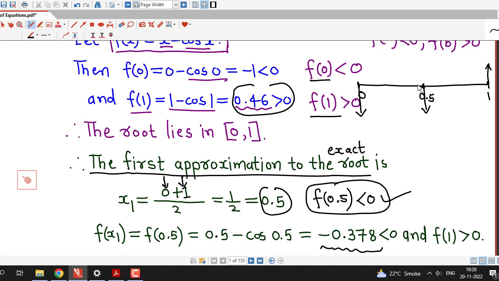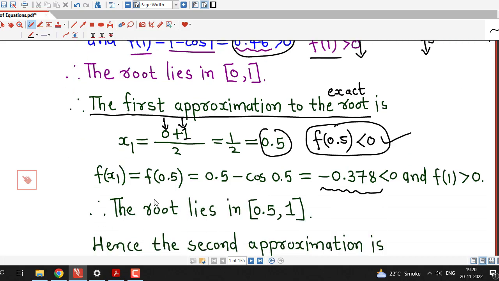Therefore we are sure that the root cannot lie in this part, because f(0) and f(0.5) are both negative. So our search interval is reduced. Now our root is in between 0.5 and 1.